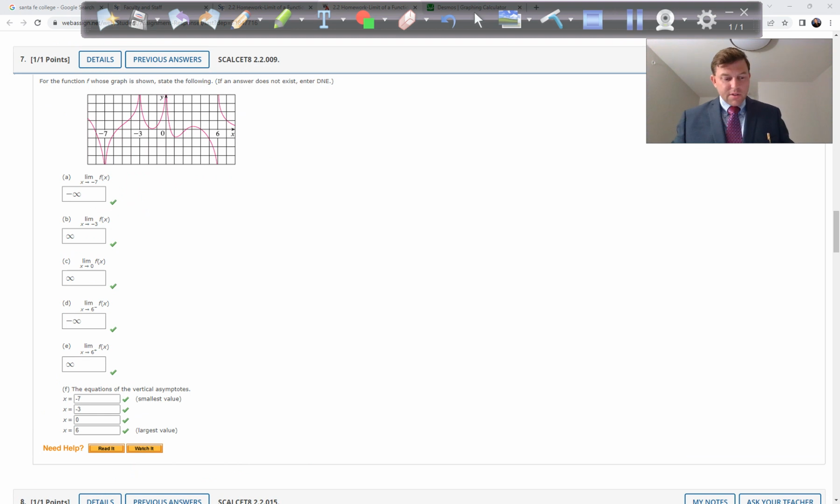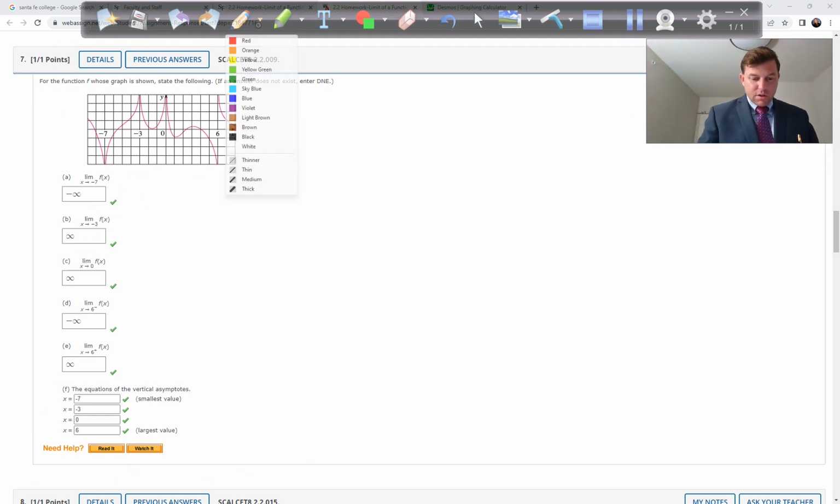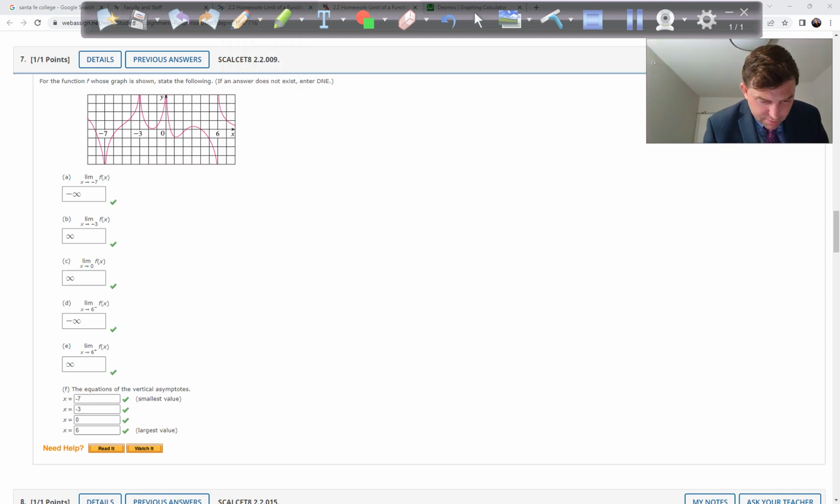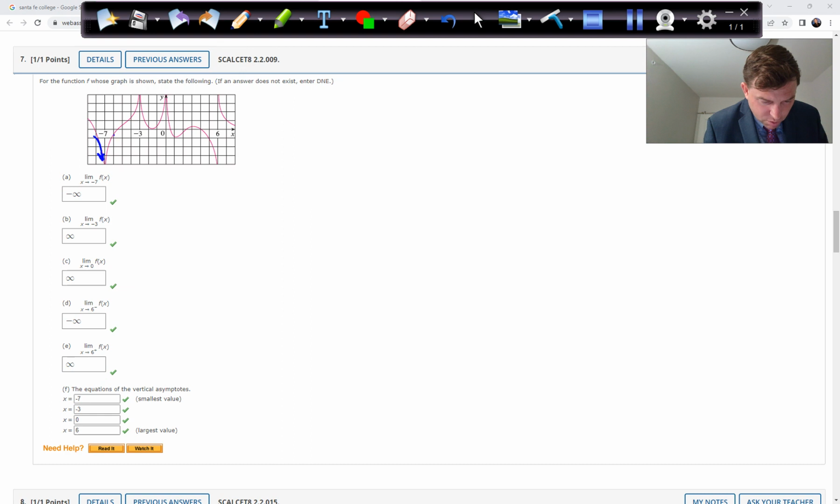Okay, in problem 7, there's some more practice with negative signs. The first one says approach negative 7. As we approach negative 7 from the left or from the right, my graph is going down to minus infinity. Then it says approach negative 3. As we approach negative 3 from the left, the function's going up. From the right, the function's going up to positive infinity. How about 0?